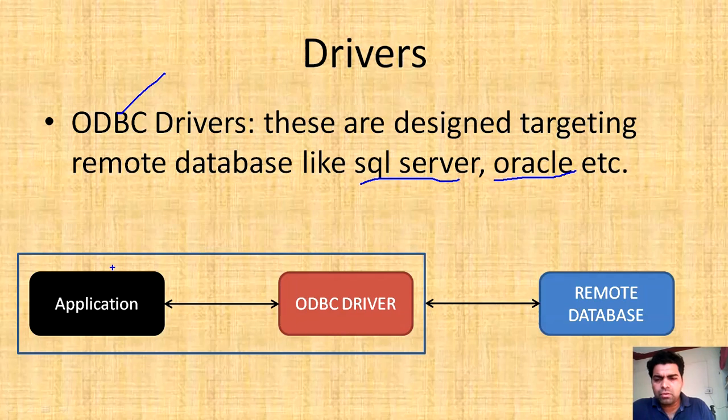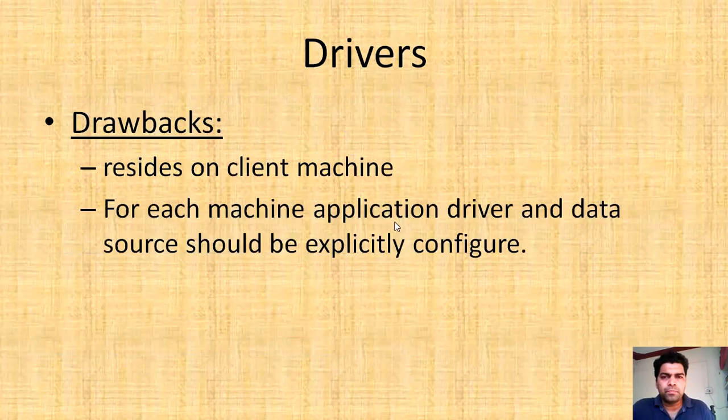If the application wants to communicate with your remote database, it has to use the ODBC driver. We will see it later on. We will connect our Visual Basic program with our database using JET drivers and ODBC drivers. So ODBC drivers are designed targeting remote databases.